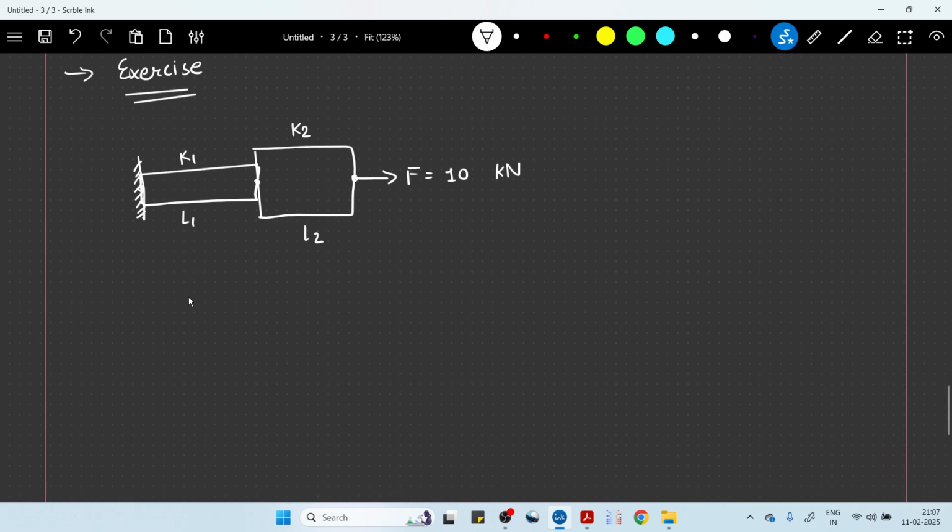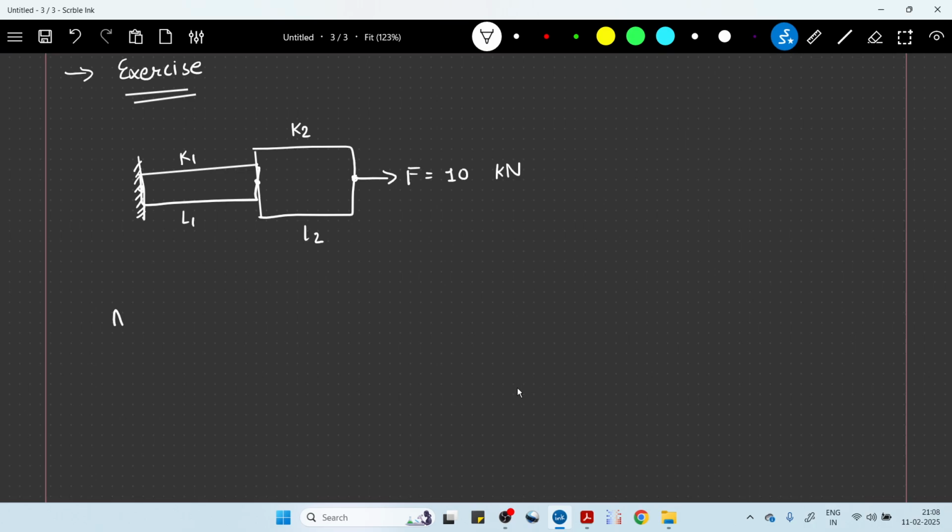Okay, so I'll give you the values also. You need K1. K1 is nothing but A1 E1 divided by L1 times the matrix [1 -1; -1 1].